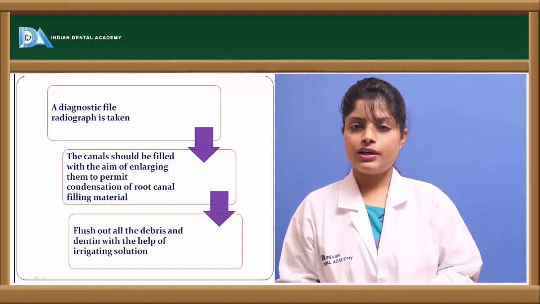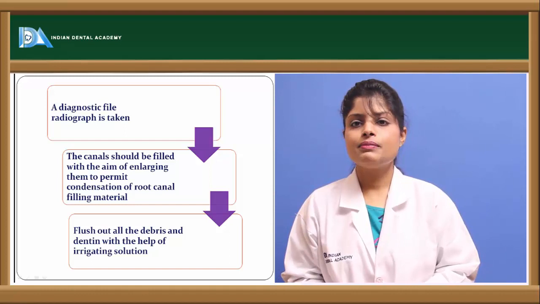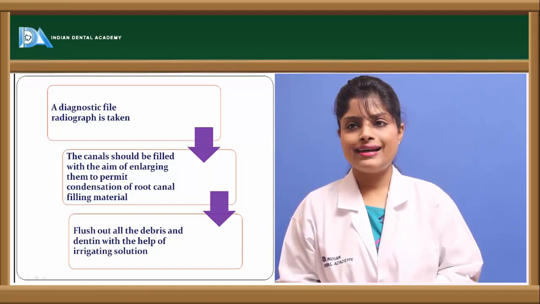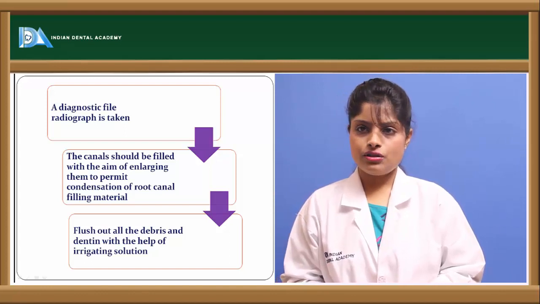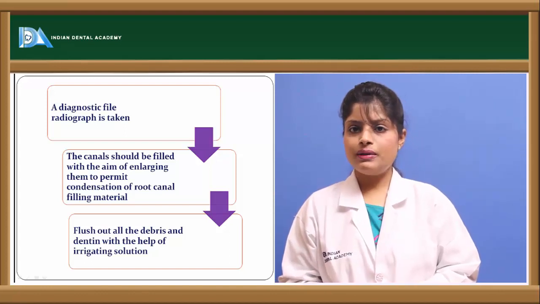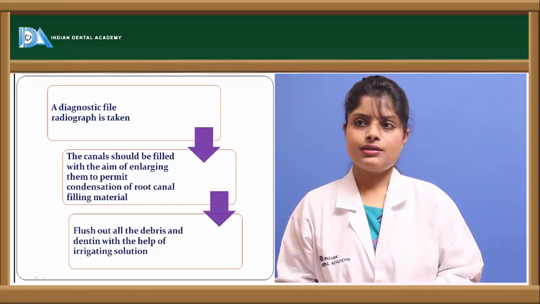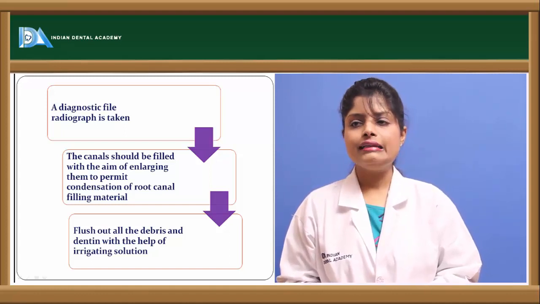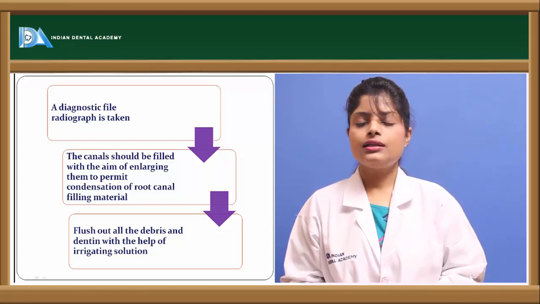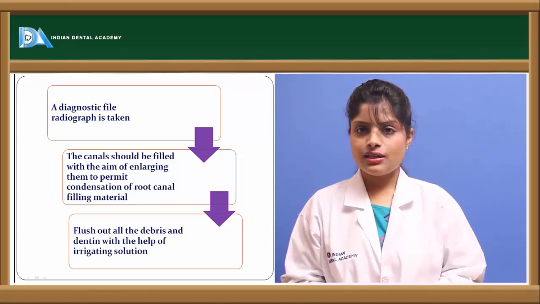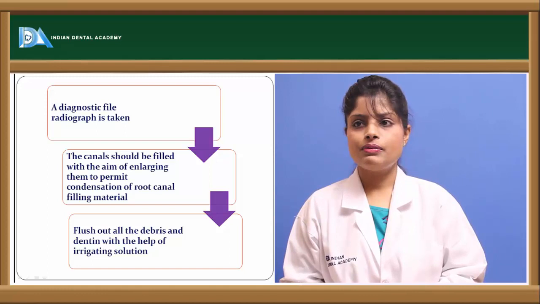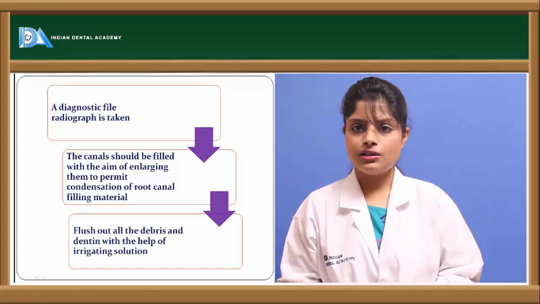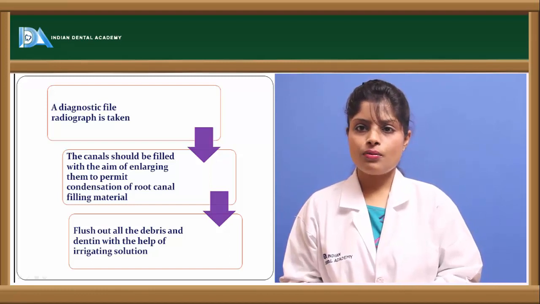After taking the working length, the biomechanical preparation of the canal is done by progressive use of files. Then the canals should be dried with paper points, and if the canal is dry, the canals are finally filled, after enlarging them by biomechanical preparation, and condensed with a bioresorbable obturating material.